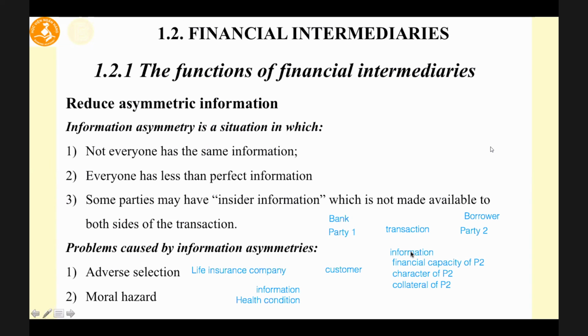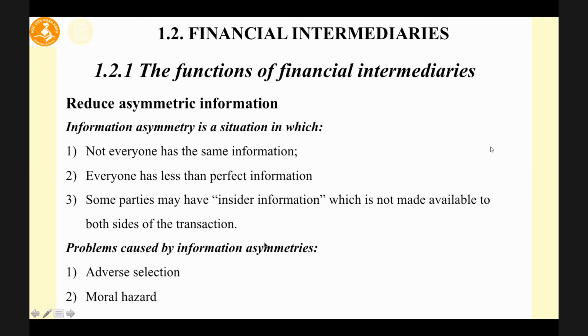And the problems caused by information asymmetry are moral hazard and adverse selection. Maybe all of you understand moral hazard. So how about adverse selection? Who can give me an example of adverse selection?